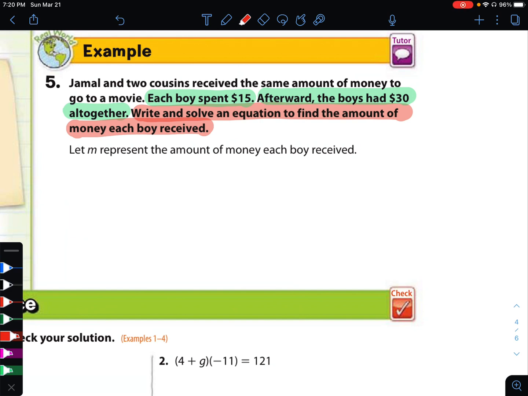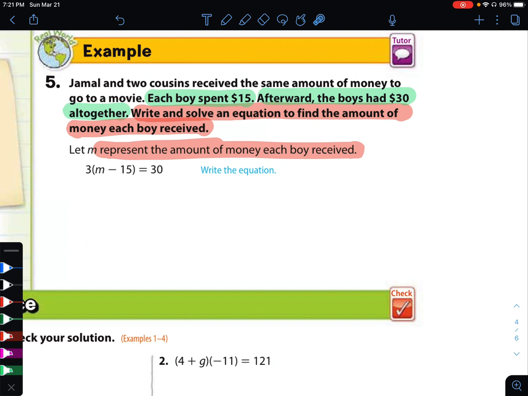Knowing that each boy spent $15, meaning when you spend money, you take it out of your pocket, or you subtract it from what you have right now. So your original amount, which is M, which each boy received, you are going to subtract $15. Now you have M minus 15.